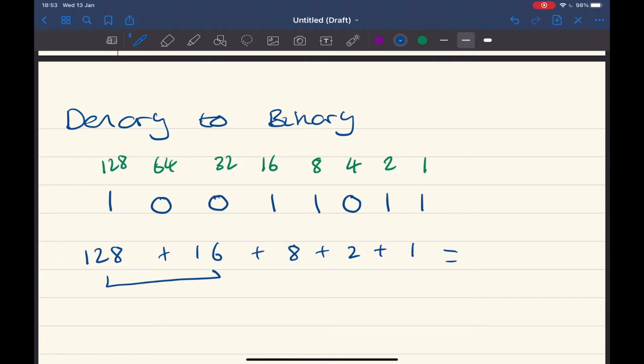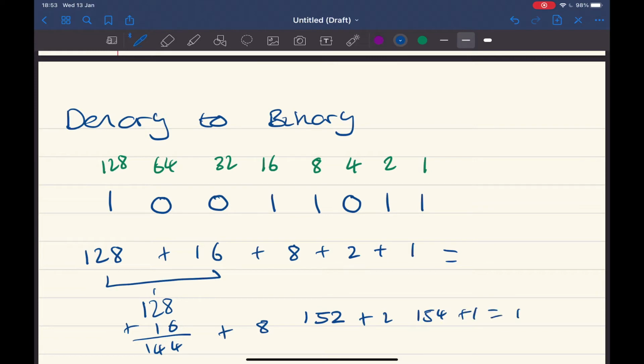So if we add these two together, we get, so that becomes 144. Then we add the 8, becomes 152.